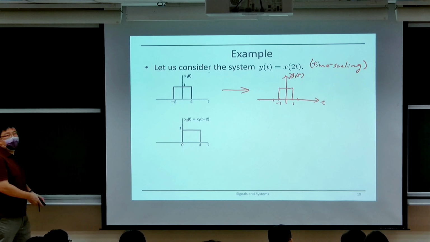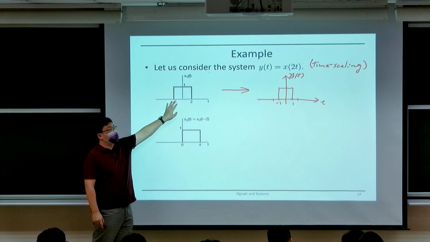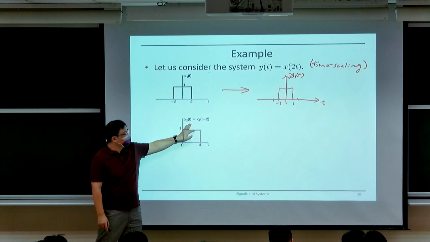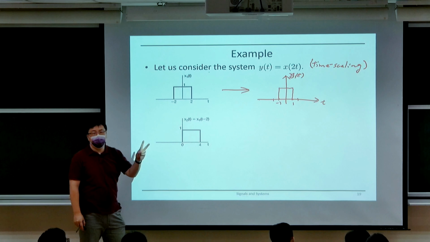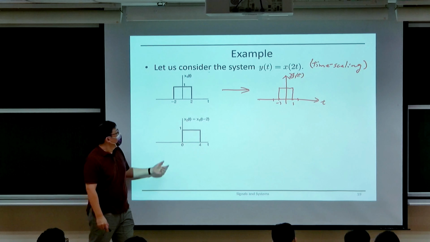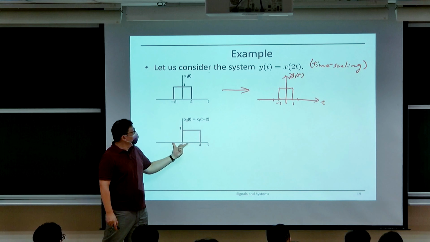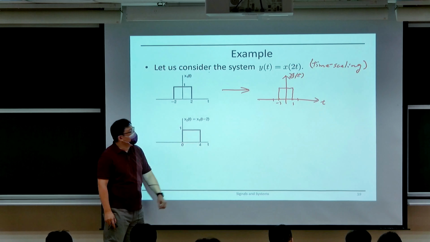Now suppose we consider a time-shifted version of x1. Suppose we let x2 of t be x1 shifted by 2 units of time. Originally x1 is here. x2 is shifted by 2 units, which becomes this.